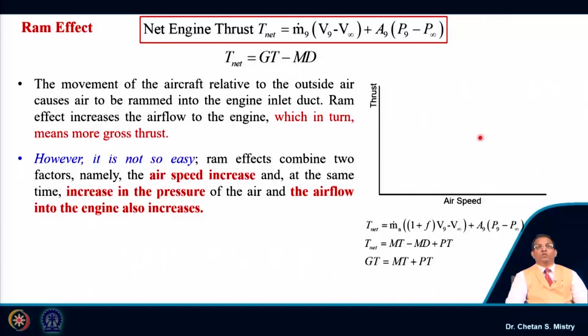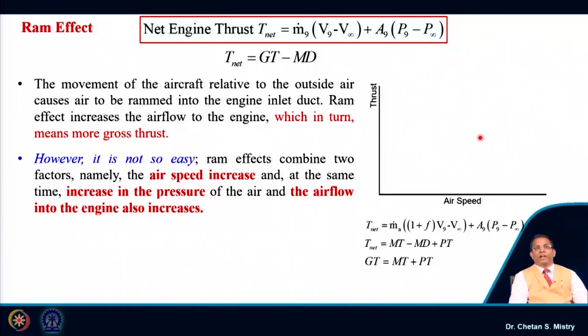Now, let us look at the next term, which is called the ram effect. What do we mean by ram effect? When the aircraft is flying, the increase of flight speed leads to an increase in the amount of air entering the engine, and that leads to an increase in gross thrust.